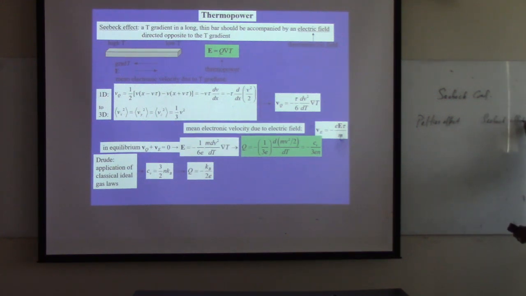So Seebeck effect means if you have a material, suppose this one, if I can maintain some temperature difference between the two ends, suppose this is slightly warmer than this end, then you will always see some voltage across that one. That means by introducing delta T, you can get a delta V. So what is that basically?